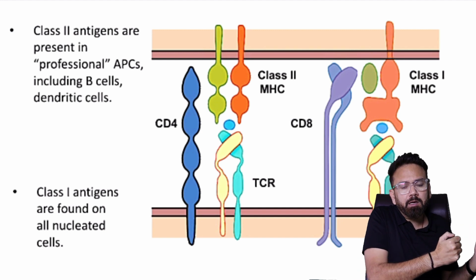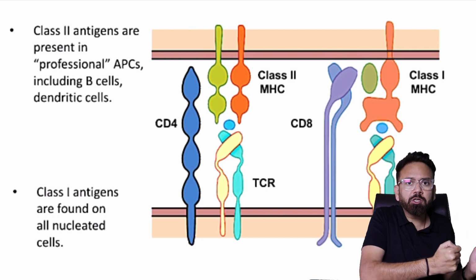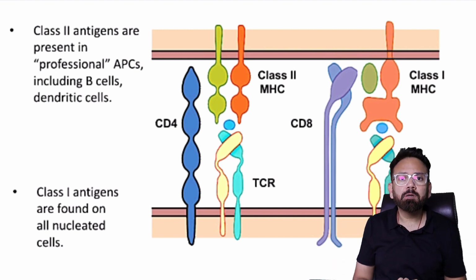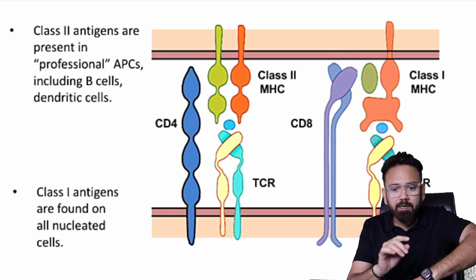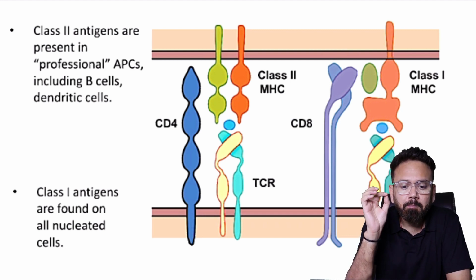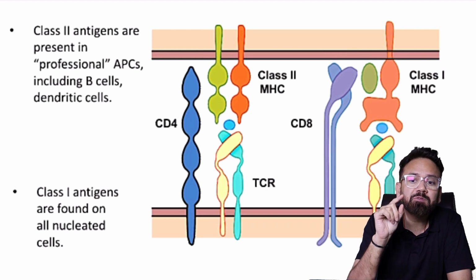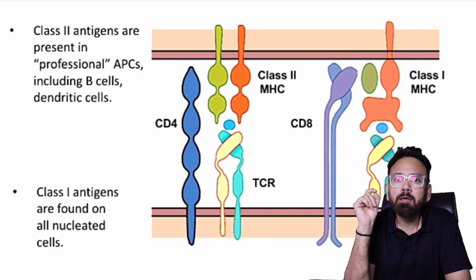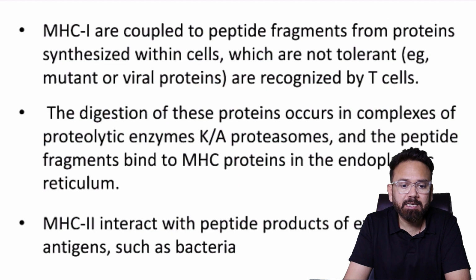They need to present antigen from your body to the T cell, through the T cell receptor. So you can see here that class 2 MHC binds with TCR with the help of CD4, and class 1 MHC binds to TCR with CD8.